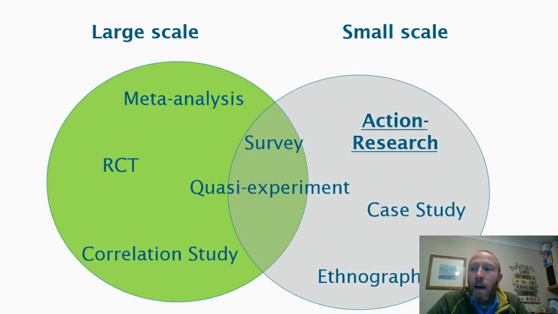Quasi-experiment, again, the bigger it is, the more it's likely to be a stronger research design. The smaller it is, the more you run into problems with the groups not being the same as each other. And the Eights and Ariel-Maz exemplar that I've shared with you is a quasi-experiment. And that's a good example where some of the problems there are coming from the fact that it's done at quite a small scale.